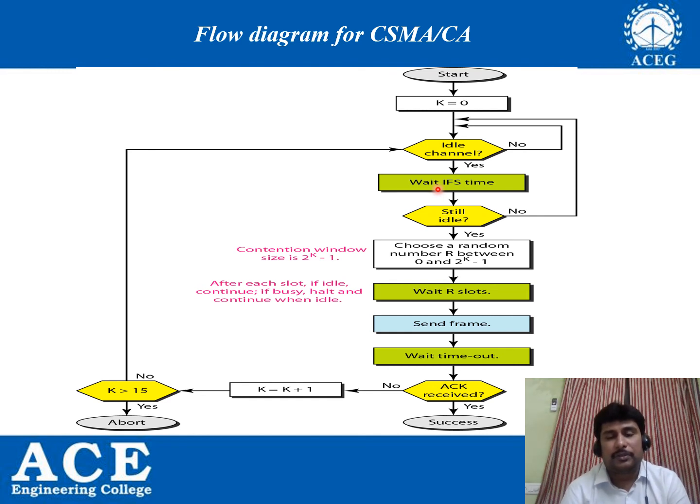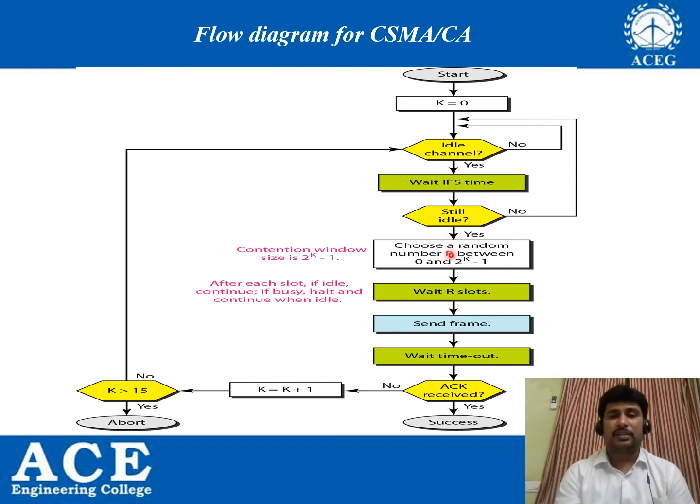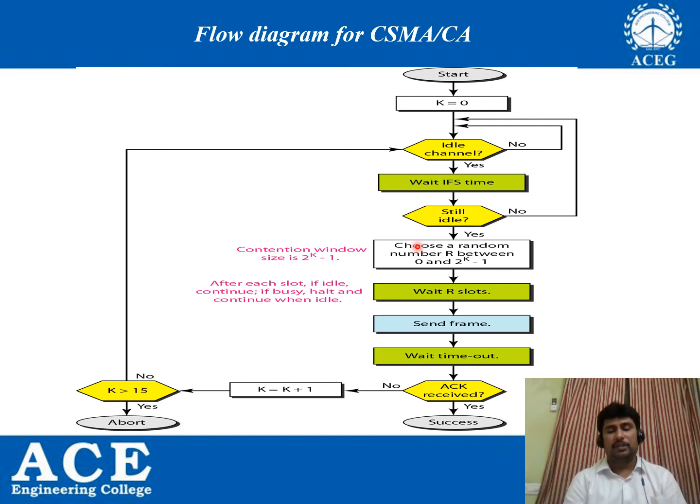One is, on finding a channel idle, we wait for a time called interframe space, and even after that, if the channel is idle, we choose some random slots, determine one of the slots and then transmit the frame, and after sending the frame, we set a timer and expect a positive acknowledgement. In any of these three stages, if we fail, we reattempt by again sensing the channel and repeating the process. So this is all about what we mean by multiple access and the different random access protocols.